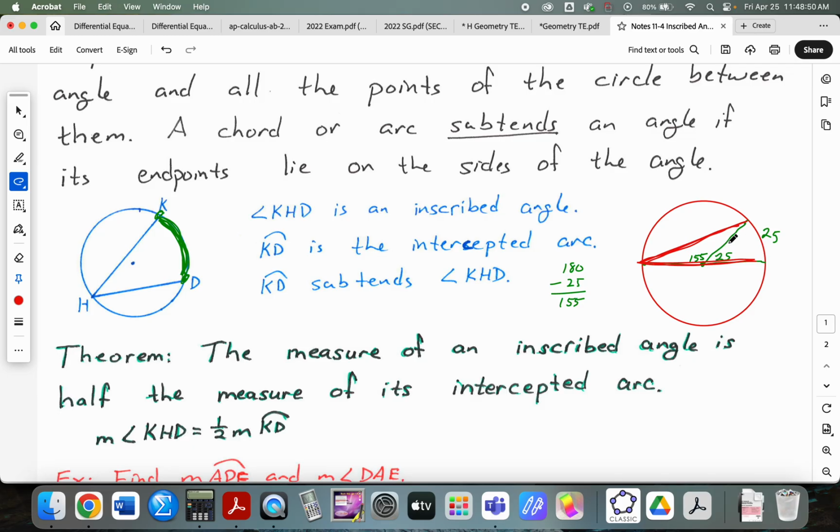It's obtuse. What is it also, because these two sides are the same length? It's isosceles. So to find the measure of both of these angles, we could take 180 minus 155, which is 25, and cut it in half. It's 12.5.